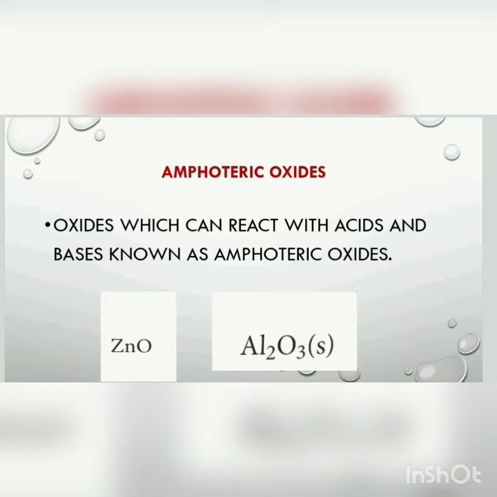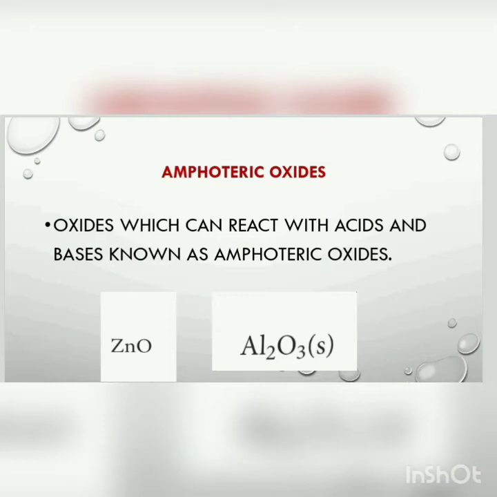An amphoteric oxide is a metallic oxide displaying dual behavior. It shows the characteristics of both an acid as well as a base, so it reacts with both acids and alkalis.